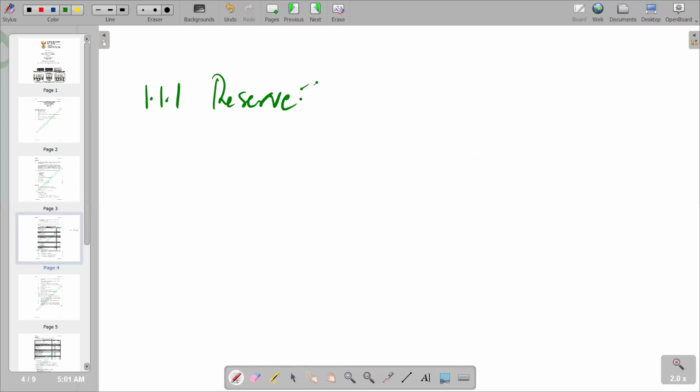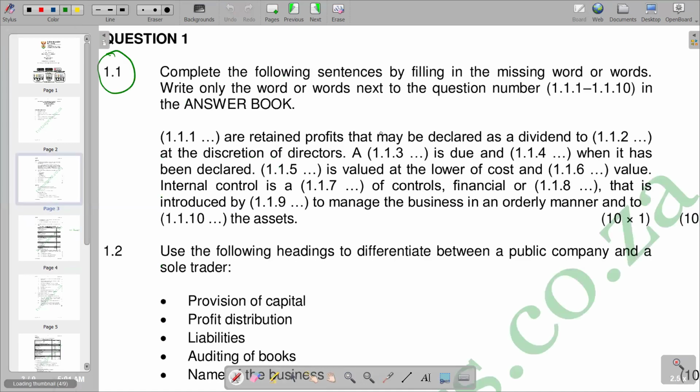Then I'm moving on to the next part, which now says reserves are retained profits that may be declared as dividend to dash, at the discretion of directors. So you see that they are declared as a dividend to shareholders. We know that dividends come as rewards that are given to shareholders as the owners of the business.